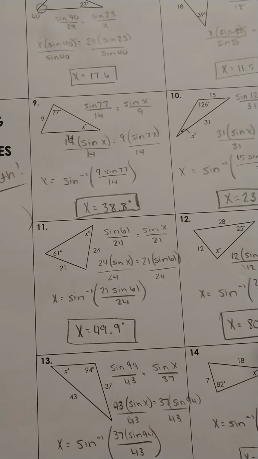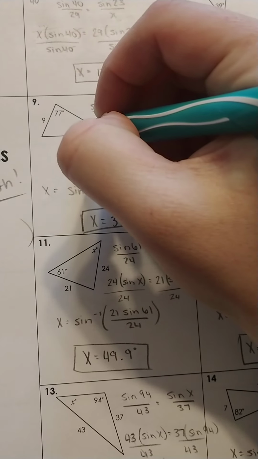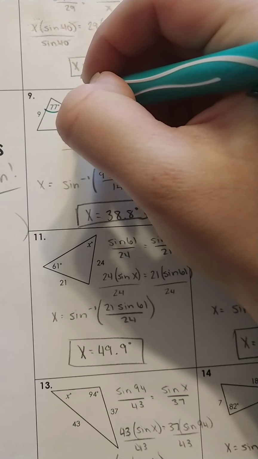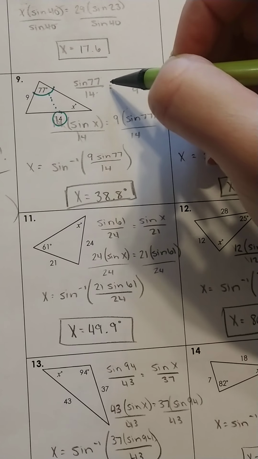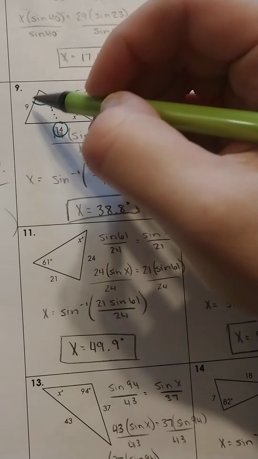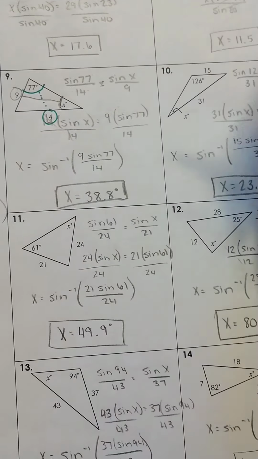We're going to start the same way, meaning find your angle side pair. So I'm given this side, I'm given that 14. I'm given 77. So sine of 77 over 14 equals. Now, if you look, I'm given this and I'm missing this.